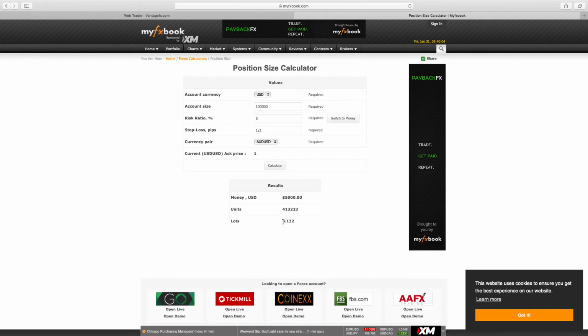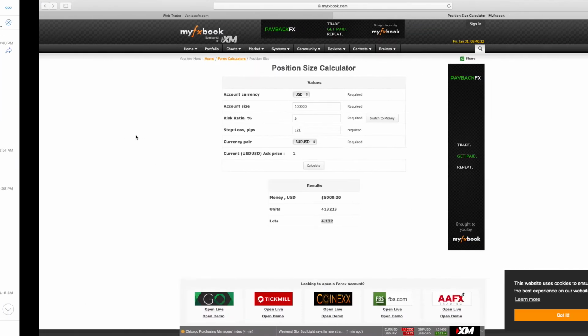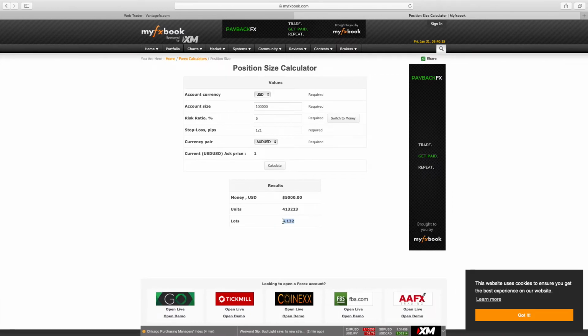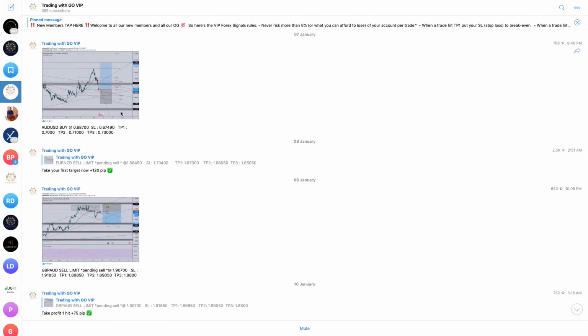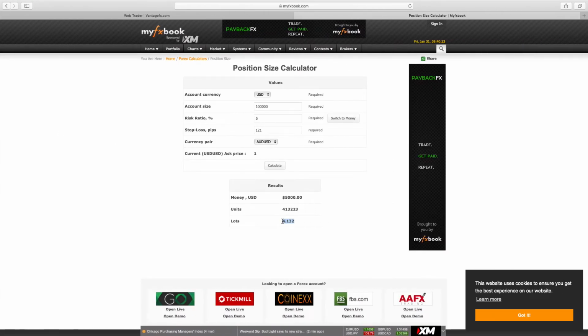What do you do with this? You don't open two orders. So you open one order, a buy, you put everything, the stop loss, the take profit number 1, and the lot 4.13, and you open another order with the same stop loss, of course, and TP number 2, and not the same lot, because if you put this twice, it systematically means that you're risking twice.